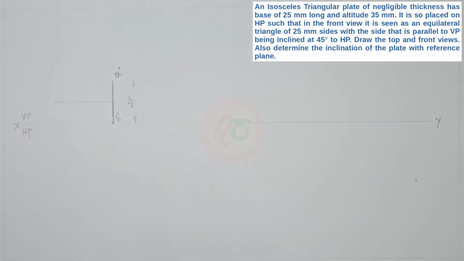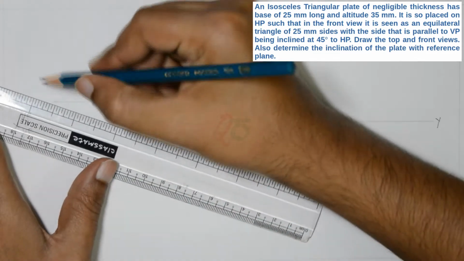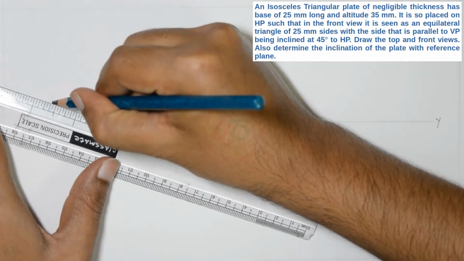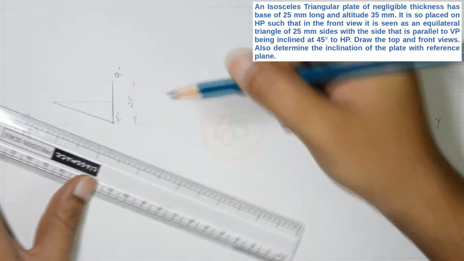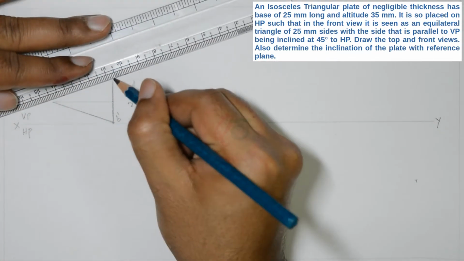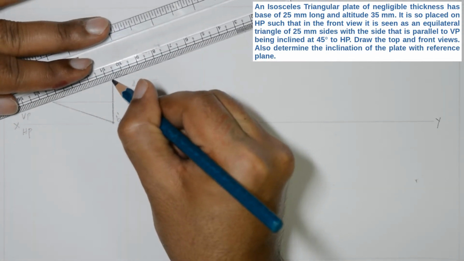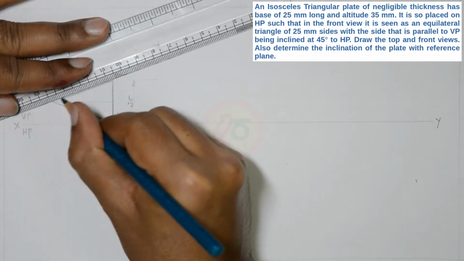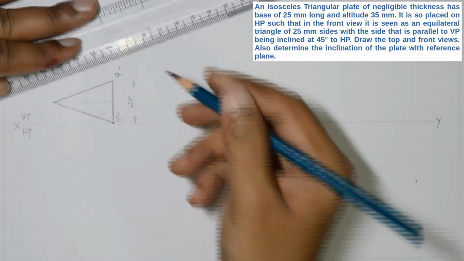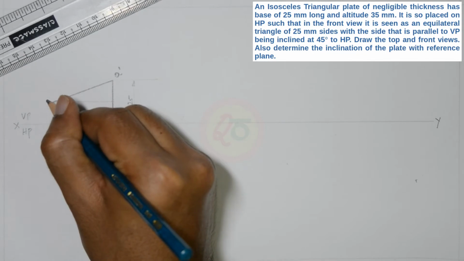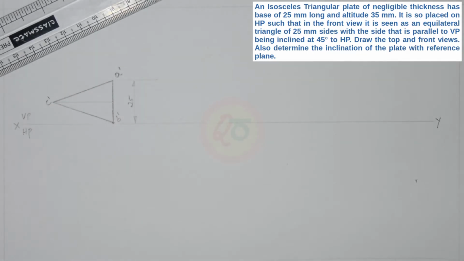Connect the third corner with a 2B pencil to B dash and A dash. So this is C dash. The isosceles triangle is ready.